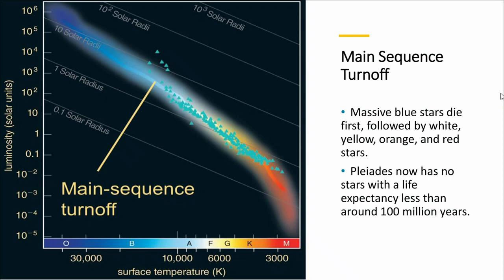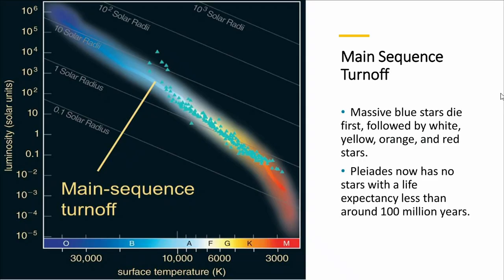So the fact that we're only able to see these kinds of stars tells us that this cluster has to be at least old enough for these stars to have gone through their whole life cycles and then started to evolve off the main sequence.